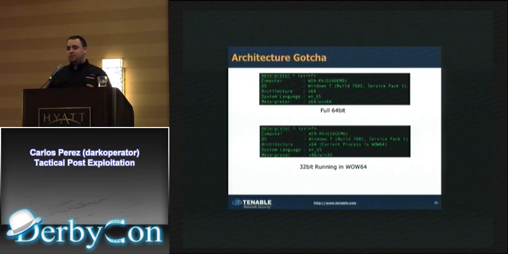One gotcha when you're doing pen testing that I've noticed recently with the advent of 64-bit machines: do be careful when you're running your payloads. If it is a 64-bit box, run a 64-bit payload. If it is a 32-bit box, you can only run 32-bit.